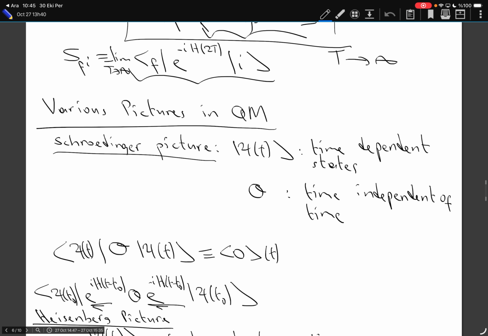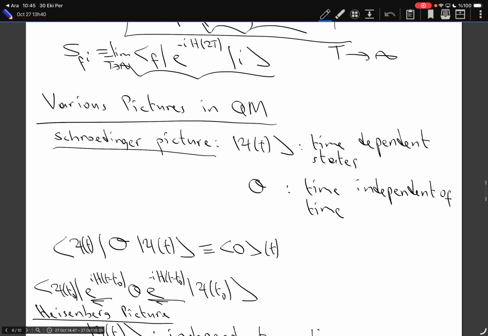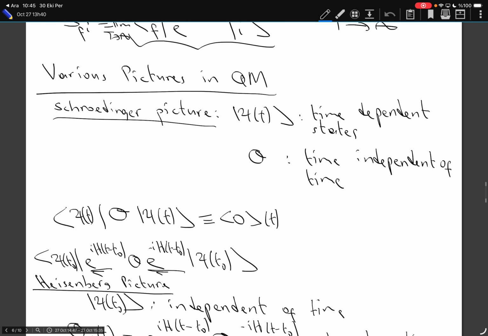And to simplify the computation, we introduce a third picture. You should already be familiar with the Schrödinger picture, in which the states are evolving in time and the operators are time independent. Then there is the Heisenberg picture, where the states are time independent: whatever state you create stays as it is, but the operators are time dependent.